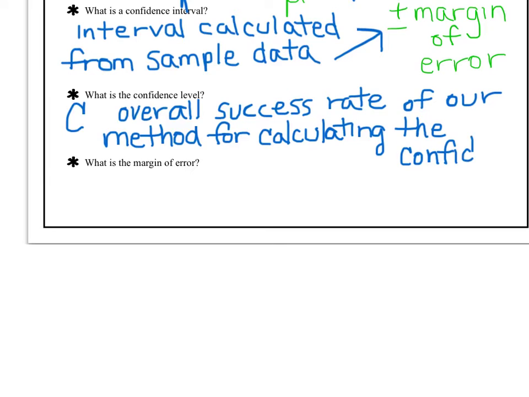So if I want a 95% confidence level, that means I am 95% confident that it's in that interval. 95% confident that I'm right. Okay, margin of error.